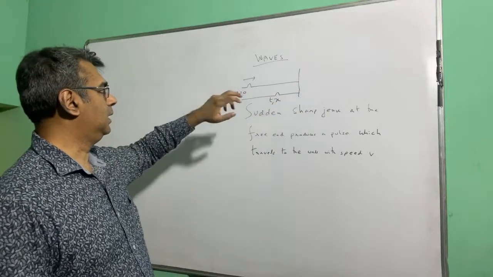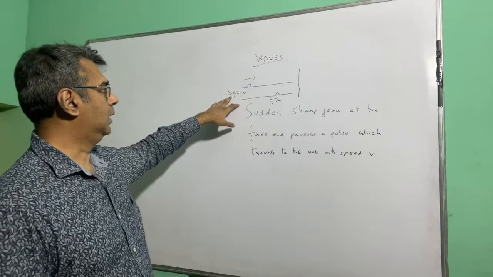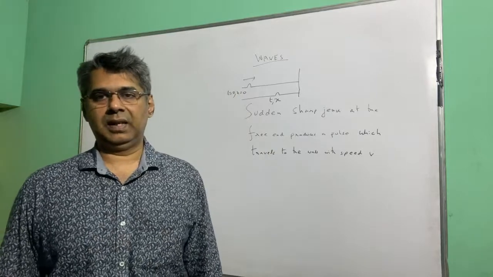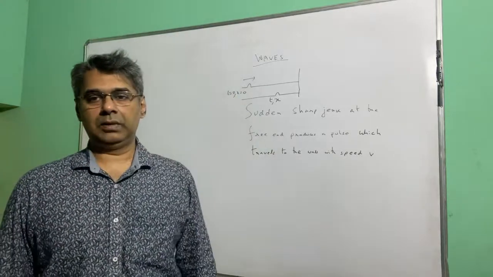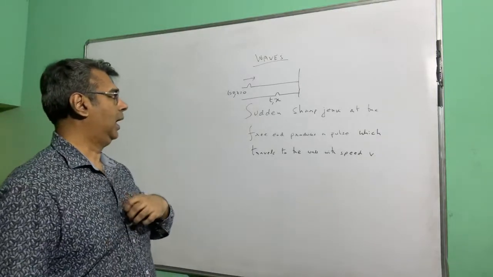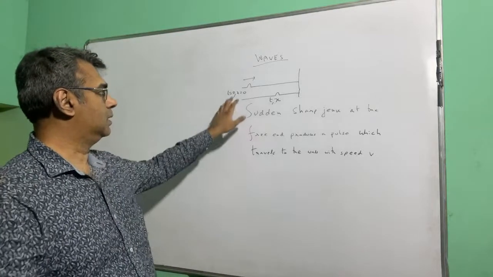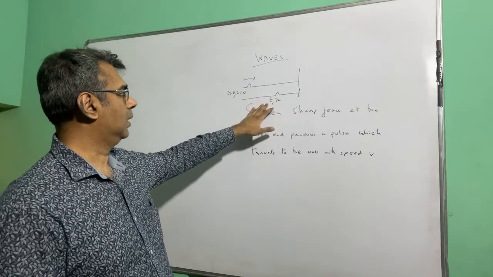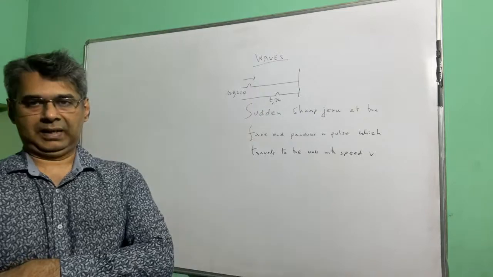When the time is 0, the free end of the string, let us say that it is x equal to 0. Suppose the pulse is moving down, and at a time t we are at a position x.